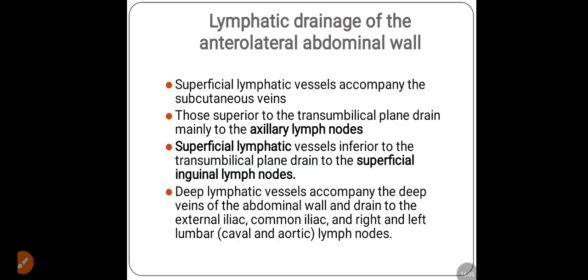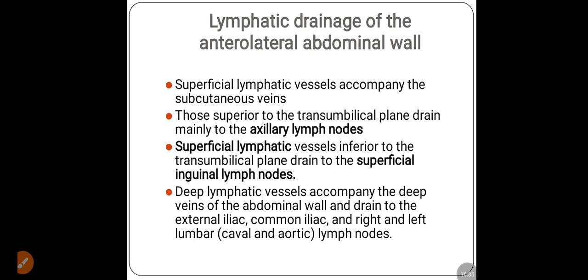Lymphatic drainage. Regarding the superficial veins and lymph nodes, the superficial lymph vessels superior to the umbilicus drain to the axillary lymph nodes. This is the lymph node. The veins drain into the axillary vein.